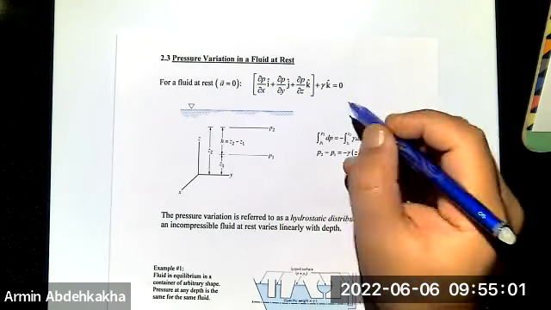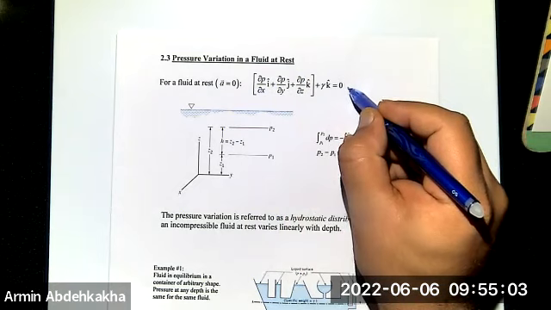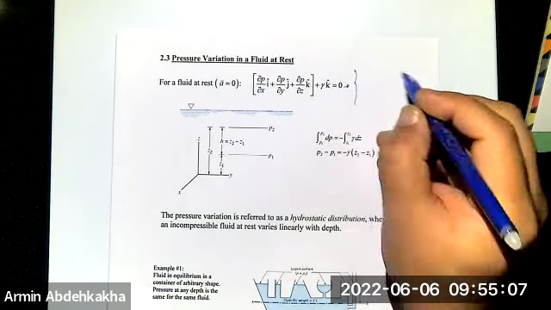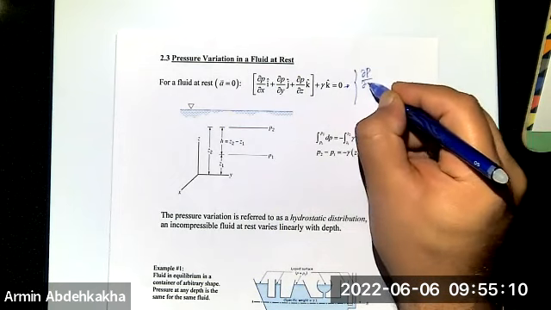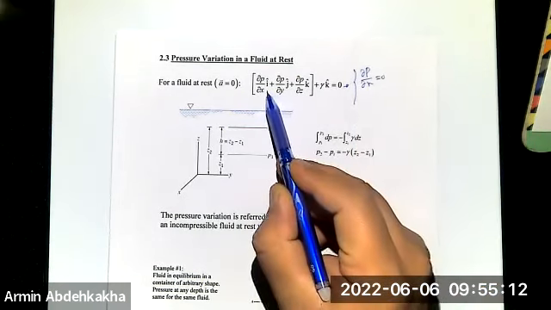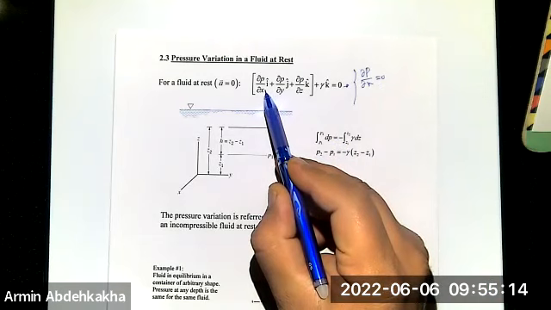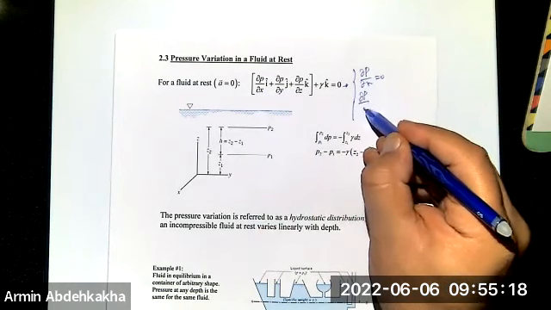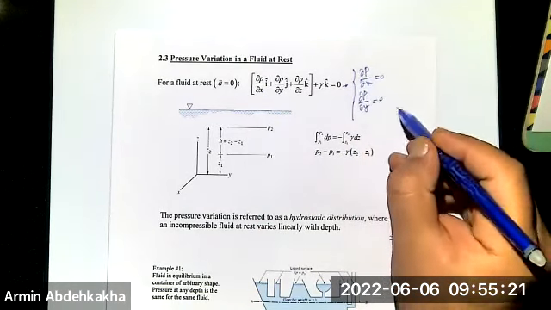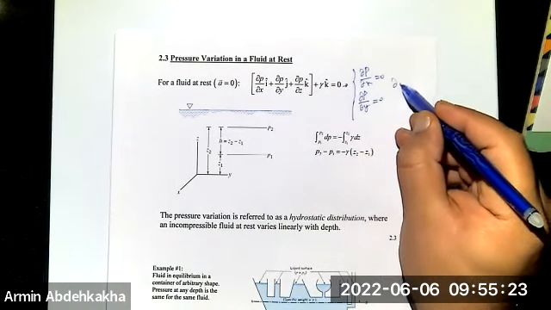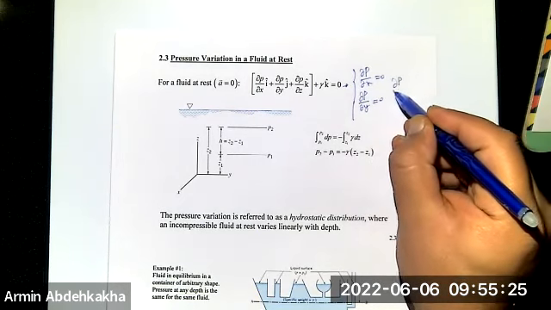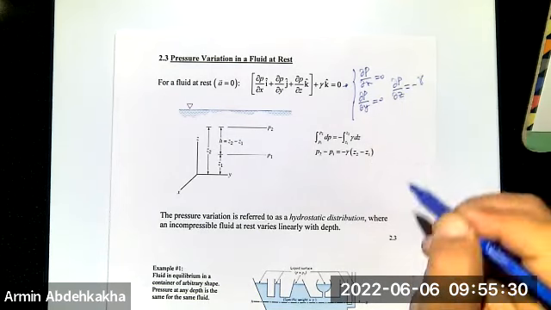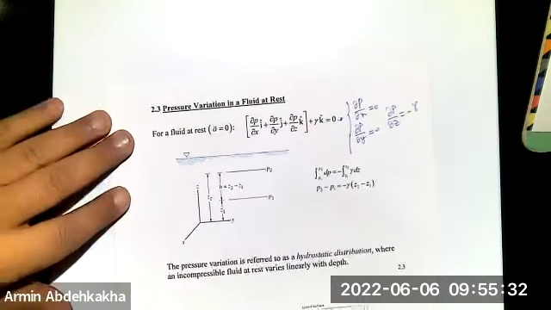So let's rewrite it here. In the I direction it is equal to 0, because the only thing that we have for the I direction is that. The Y direction is also 0. But in the K direction it is equal to minus gamma.